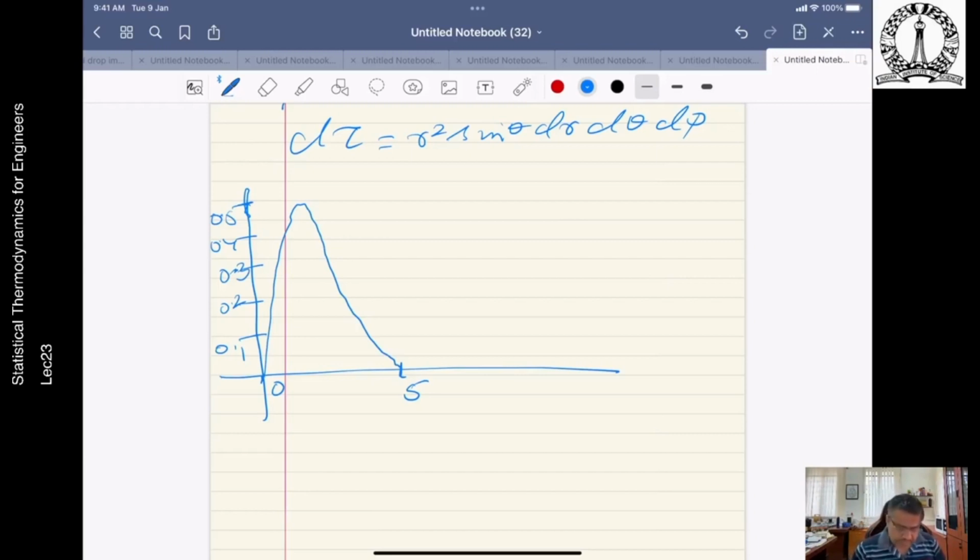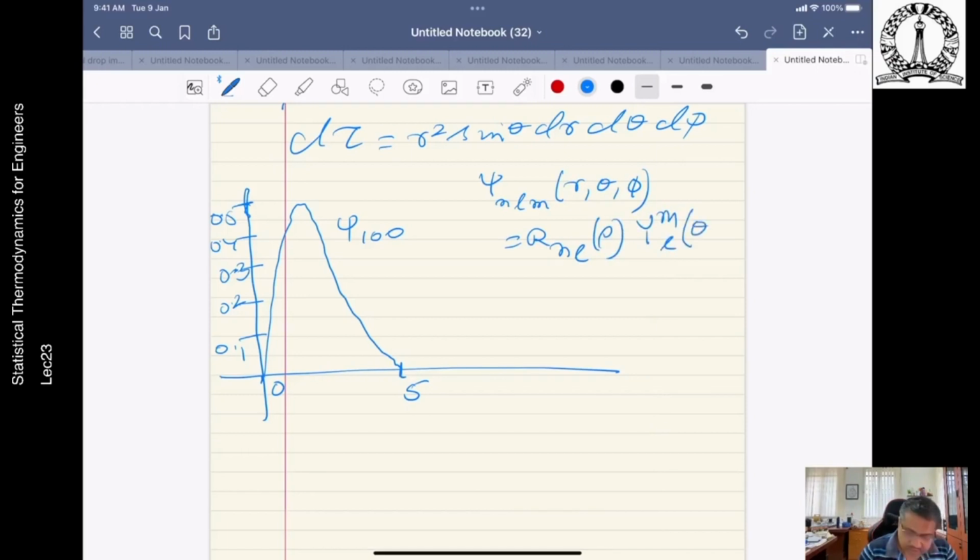So this is chi 100. To reiterate, the wavefunction psi n l m, R theta phi, is written as R n l of rho multiplied by Y l m of theta comma phi.